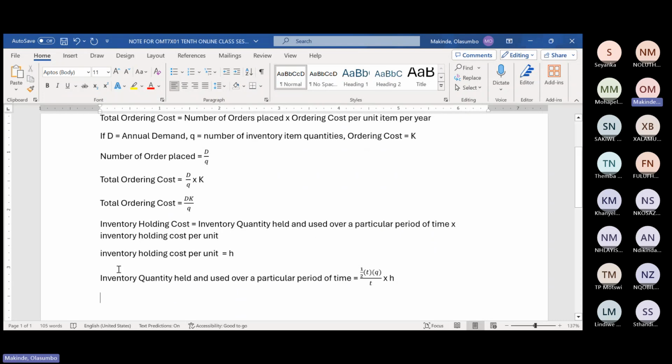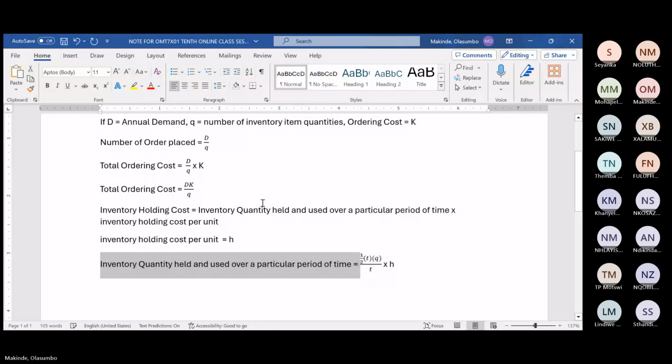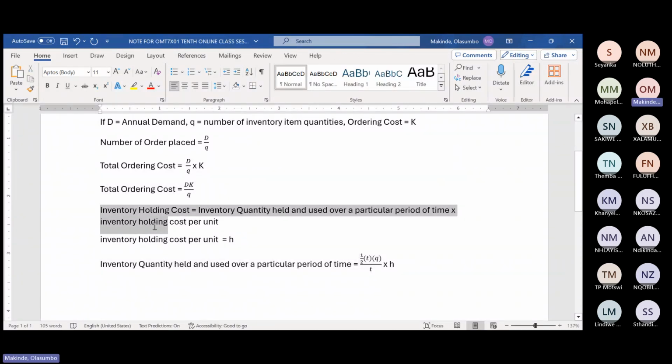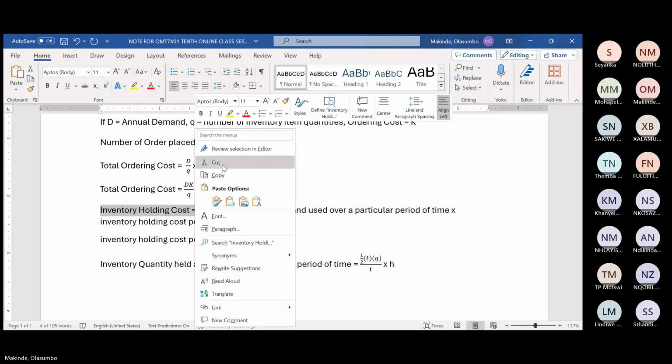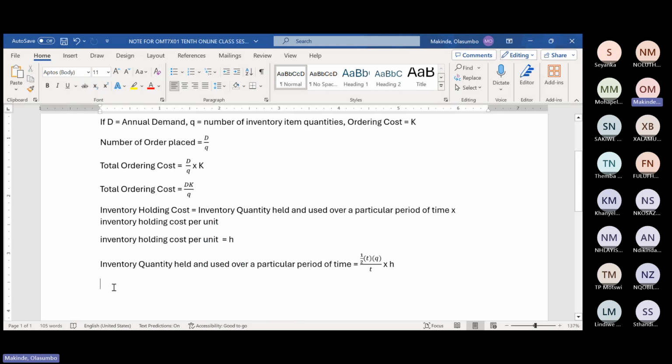If you simplify this further, the inventory holding cost formula is equal to Q/2, QH/2 if you simplify it.